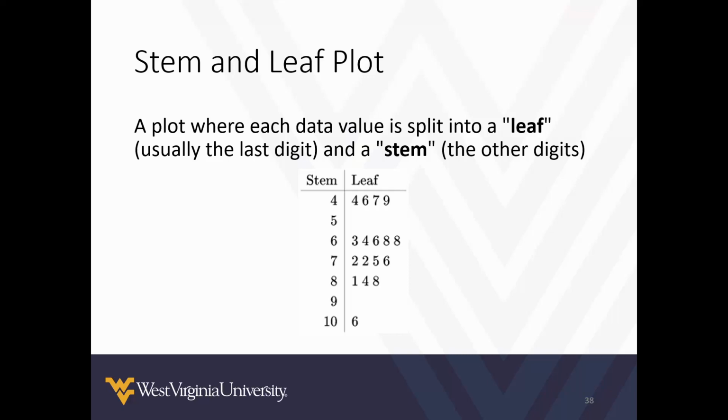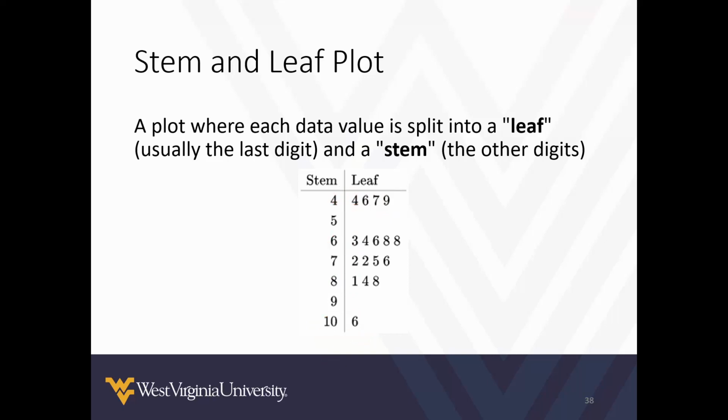So for us, how would we read this? The stems in this case would be the tens place and the leaves are the ones place. So we have numbers like 44, 46, 47, 49, 63, 81, 106.